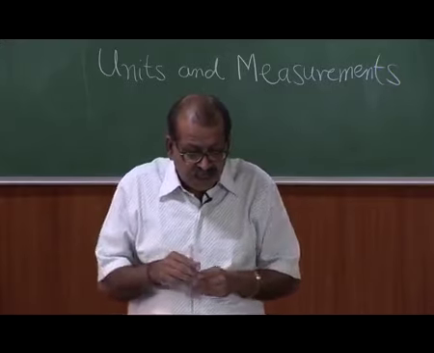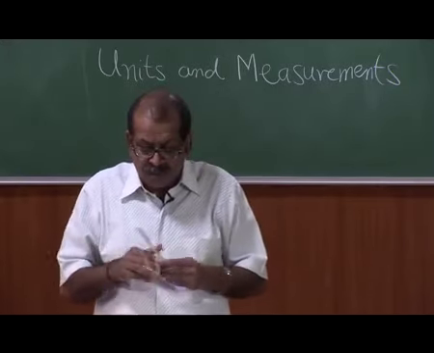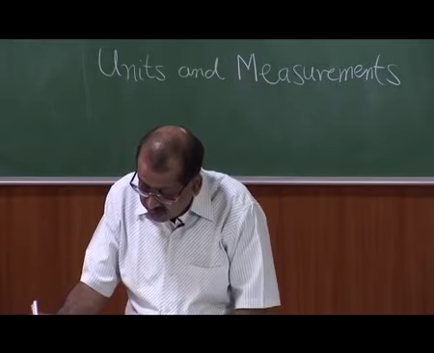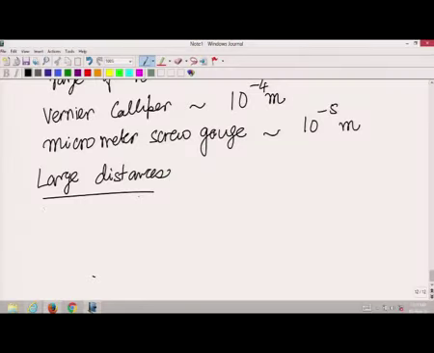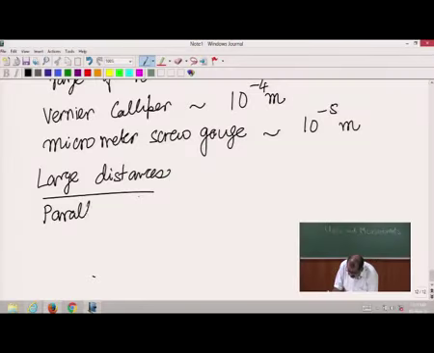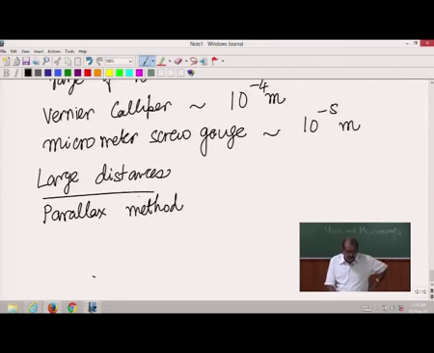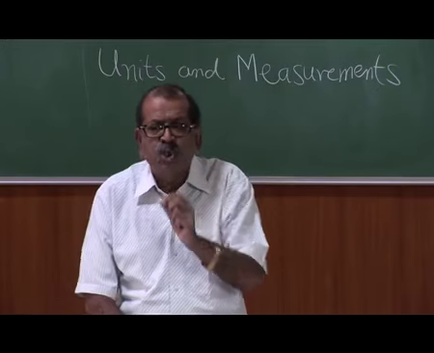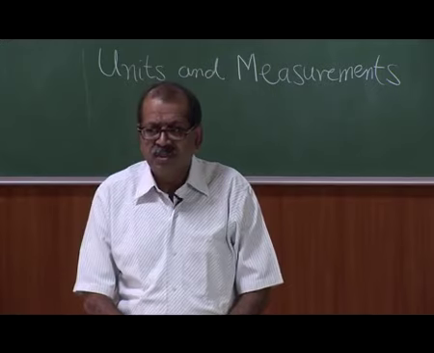Then a meter scale type of method will not be possible, and there what we use is what is referred to as the parallax method. When the same point is measured from two different observation points, it looks as if the position of the point has changed.